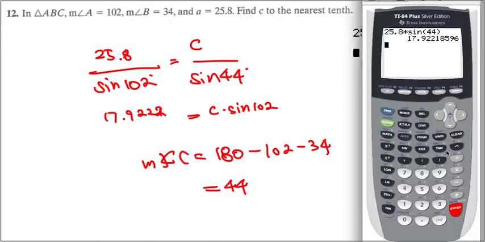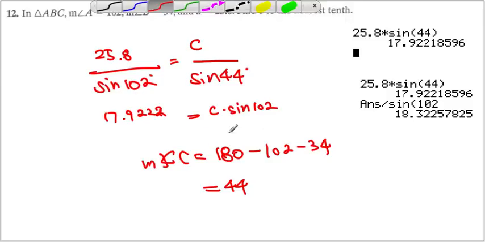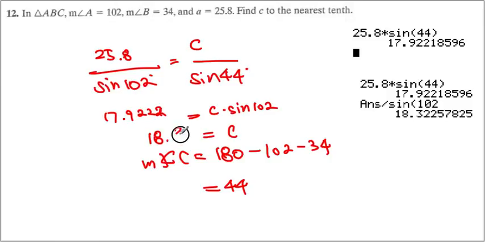So from here, we're going to divide that by sine of 102. Then our answer for C, therefore, is equal to 18.32. So therefore, 3 becomes our answer.